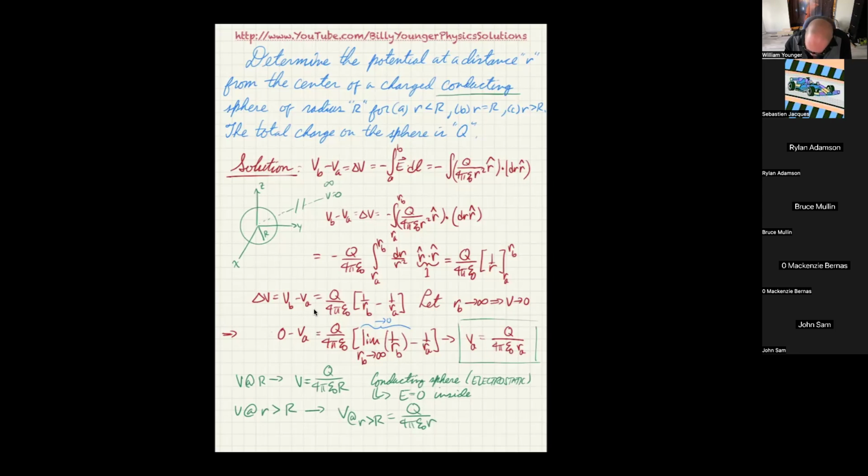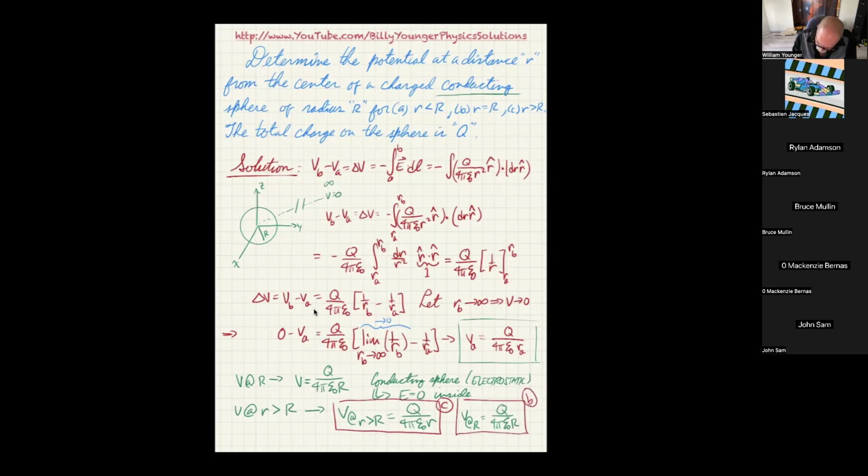So this is the answer to part C. If I wanted V at R, then V at R is equal to Q over 4 pi epsilon naught R. And that's my answer for B.